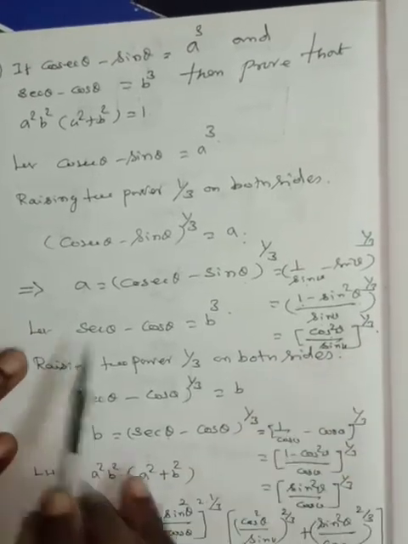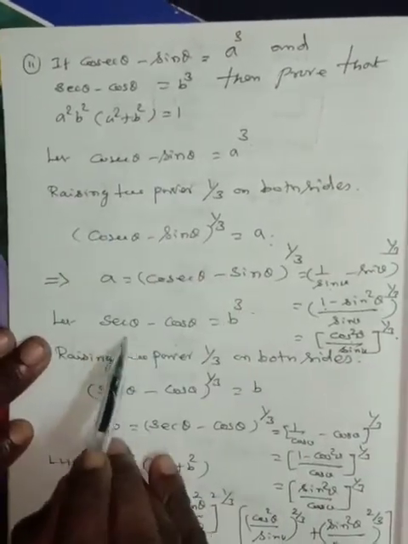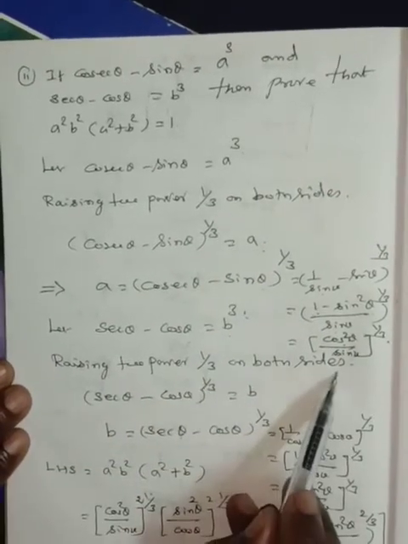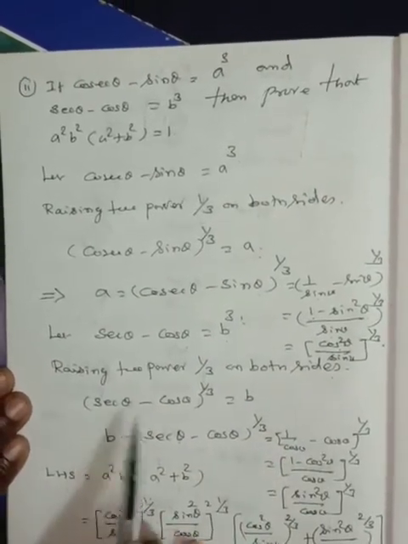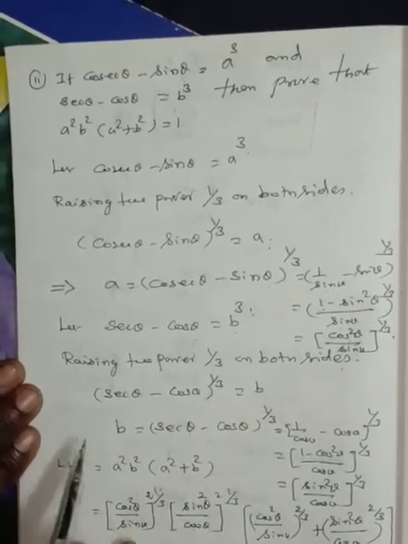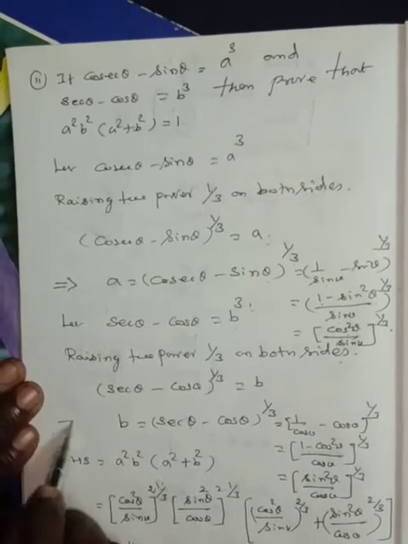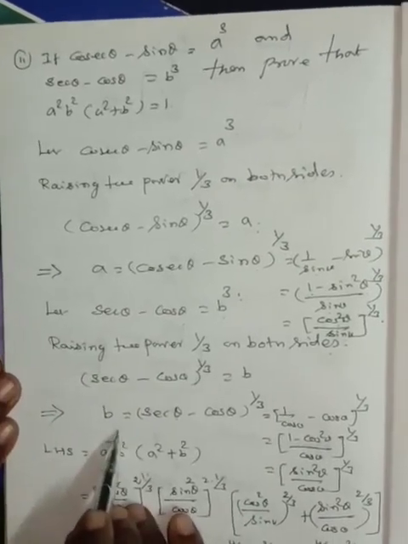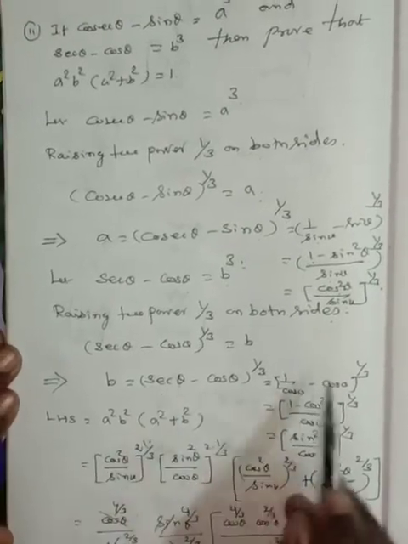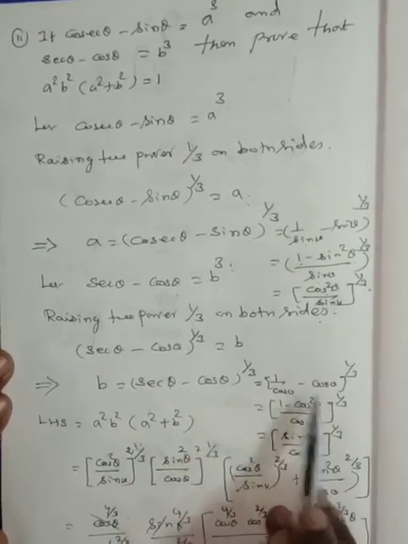Okay. Next, second condition. Secant theta minus cos theta is equal to b to the power of 3 is given. Raising the power 1 by 3 on both sides, we have secant theta minus cos theta whole to the power of 1 by 3 is equal to b. This implies b is equal to secant theta minus cos theta whole to the power of 1 by 3. Secant theta can be written in the form of 1 by cos theta minus cos theta.